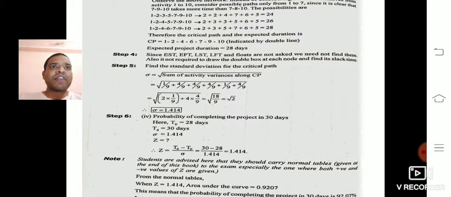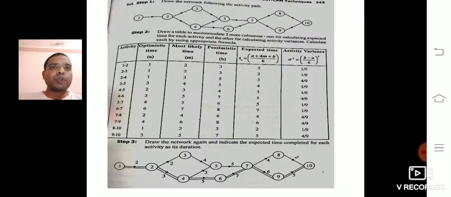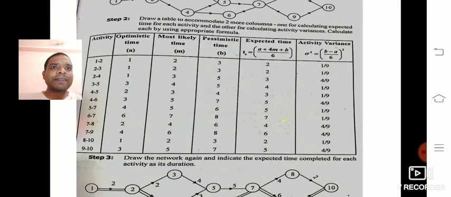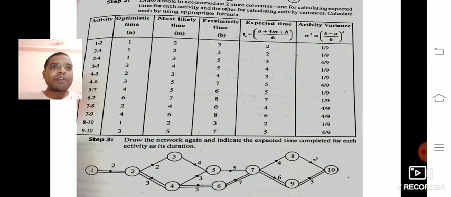We can take the variance value for those activities only. 1 to 2 variance is 1 by 9. 2 to 4 variance is 4 by 9. 4 to 6 variance is 4 by 9, and 6 to 7 variance is 1 by 9, and 7 to 9 variance is 4 by 9, 9 to 10 variance is 4 by 9.